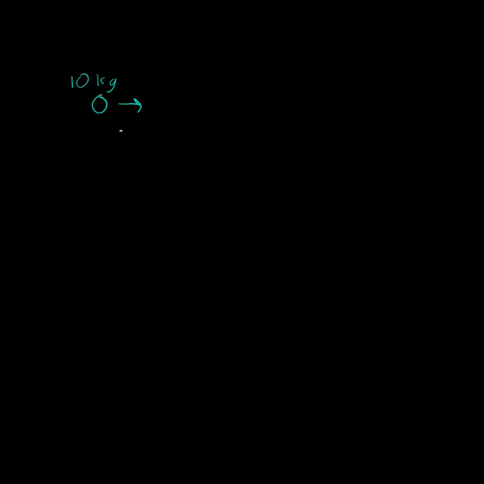And we roll it at 3 meters per second. And when it strikes the pins, it keeps going. But after it strikes the pins, instead of going at 3 meters per second, let's say it starts going at just 1.5 meters per second. So, how would we find the impulse?